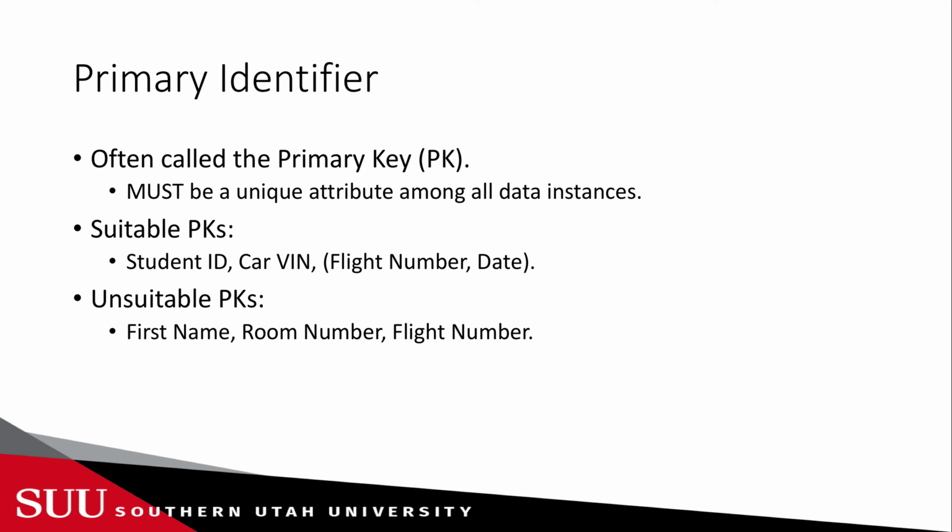And unsuitable primary keys, as we said, would be first name, room number, or flight number alone, because again, airline companies will have the same flight number, but will combine it with date to have a key. Now, these also could change or have duplicate records with other attributes.